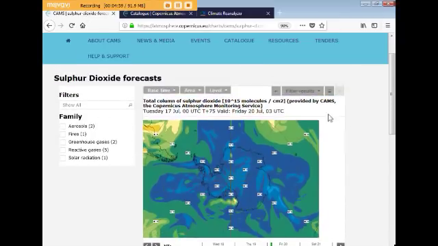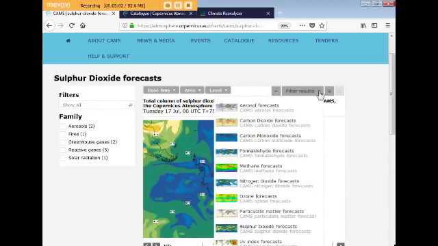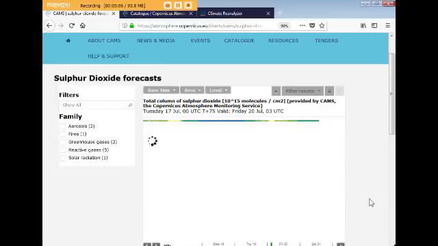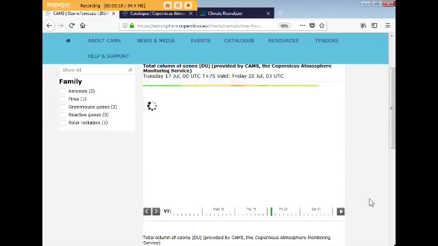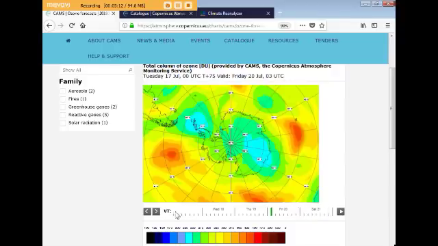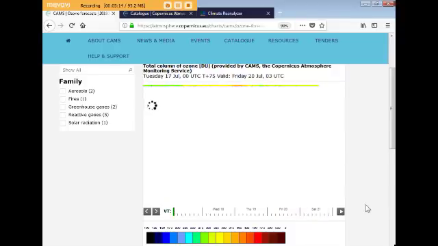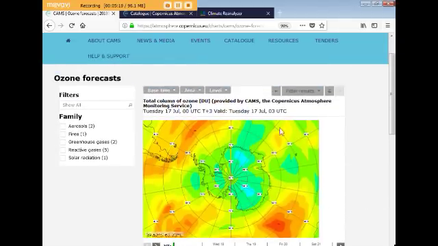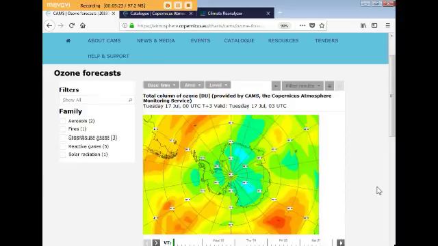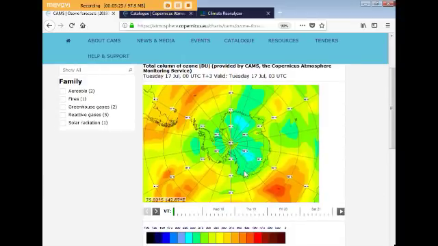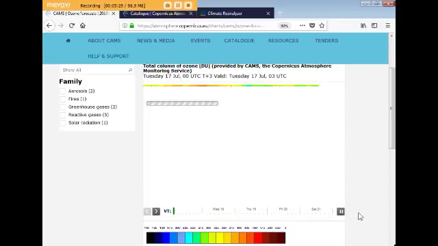And now, if they don't crash my computer, I'm going to show you ozone over the South Pole. The data goes back to the 17th and it's through today. So you can see that this is 225. And let's run the movie.